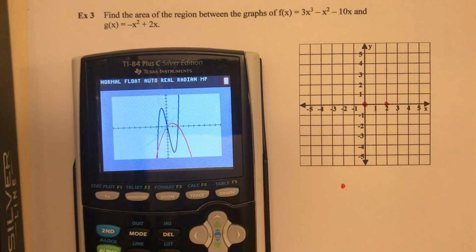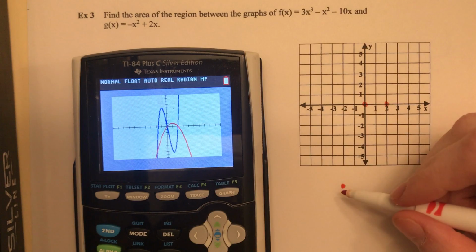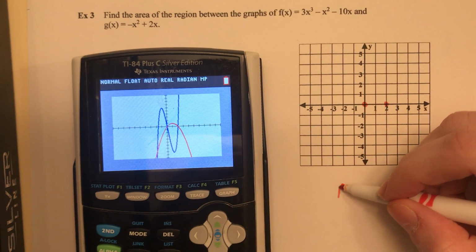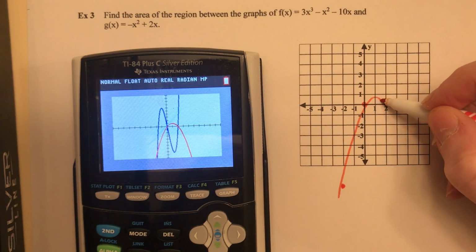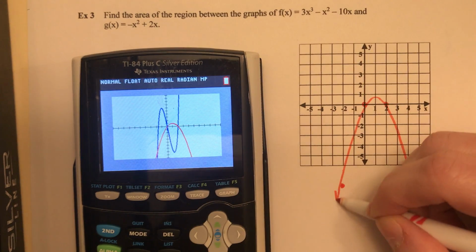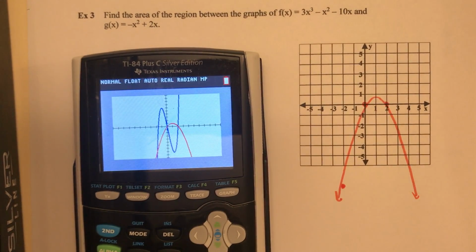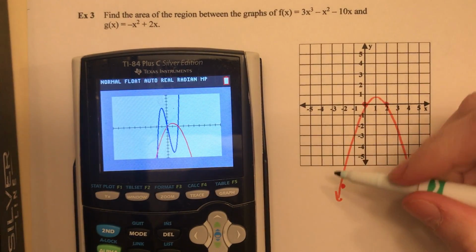So now I can go ahead and draw a sketch. So I've got a parabola. And then I've got a cubic function.